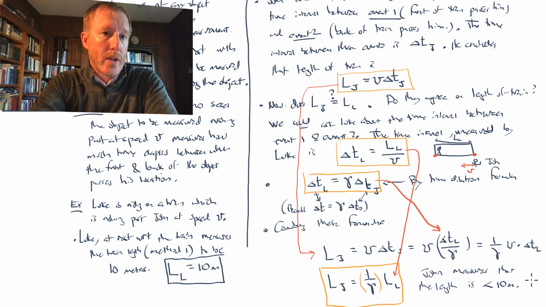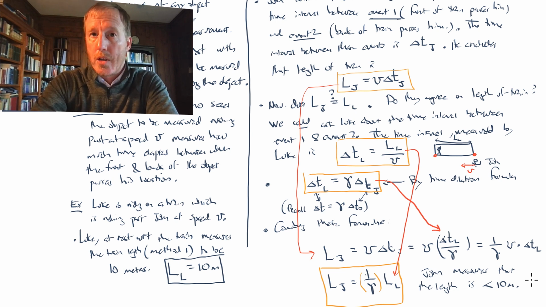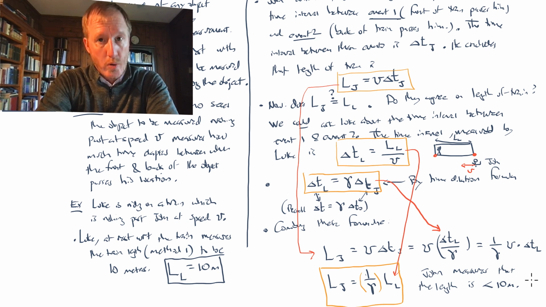We've simply used method 1 and method 2 for measuring the length of an object. And then perhaps the more controversial thing is we've used the time dilation formula to connect the time intervals between events as measured by observers who are in motion relative to one another. And the upshot is that the length of the train is shorter as measured by John than by Luke, who's riding on the train.